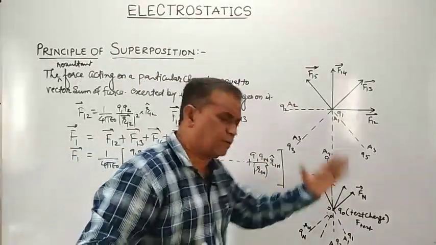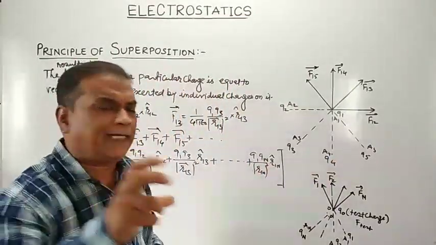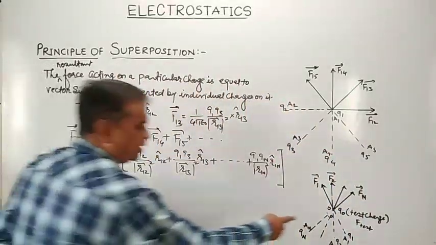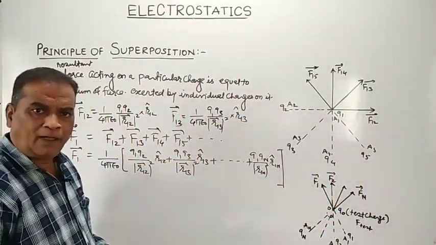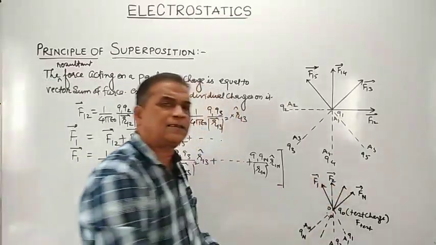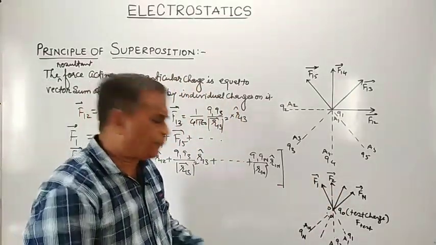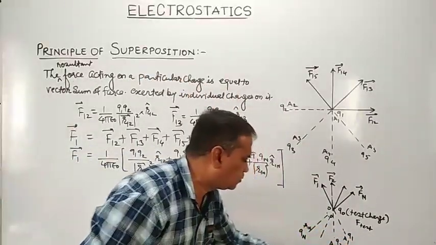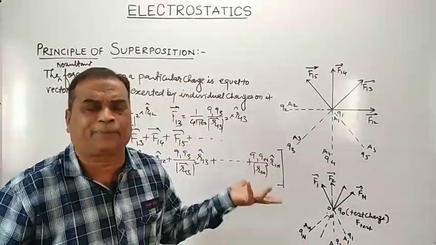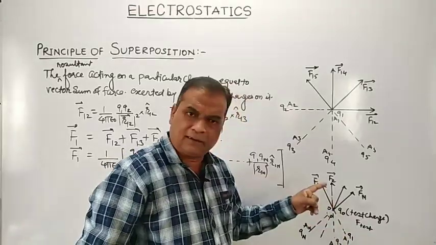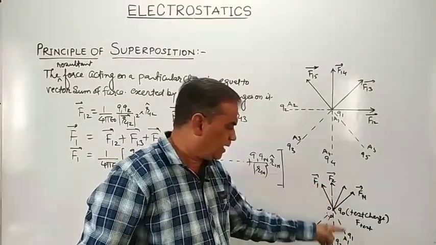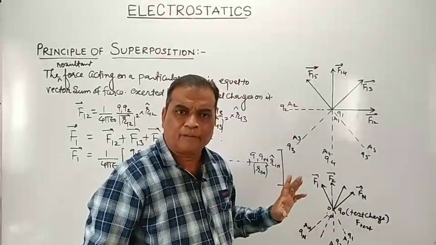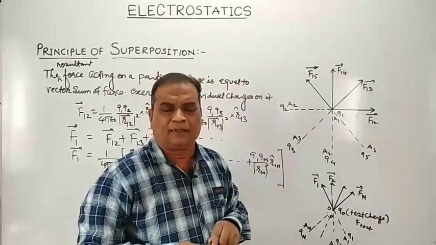Let us have another situation where we take a test positive charge Q0. On that test positive charge, suppose we have n different charges Q1, Q2, Q3, Q4 up to Qn, kept at distances R01, R02, R03, R04, R0n from the test charge.